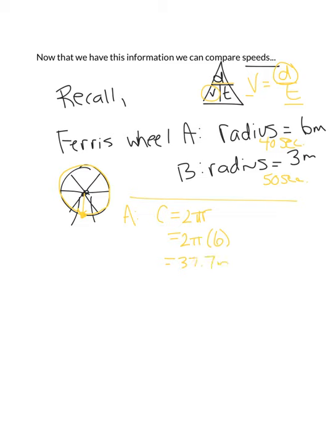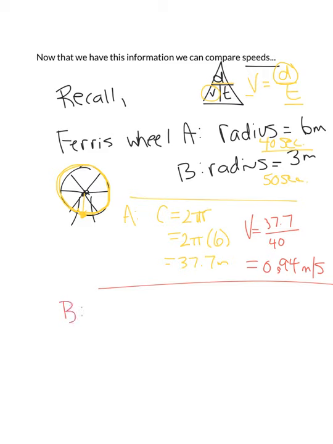That means that if I were to measure how long it was to go all the way around, it would be 37.7 meters. And it took me 40 seconds. So velocity is equal to distance, 37.7, divided by my time, 40 seconds, and I'm going to get 0.94 meters per second.